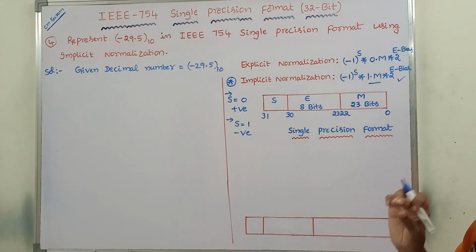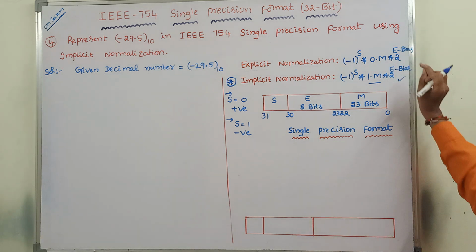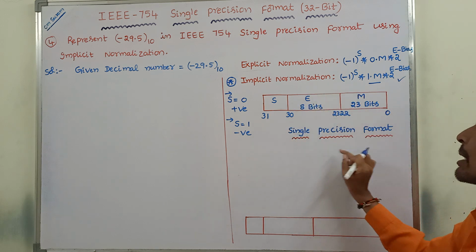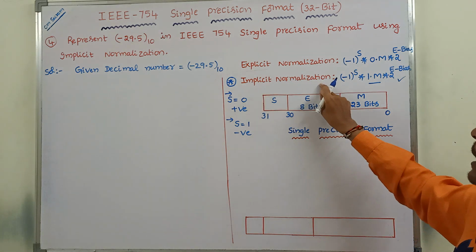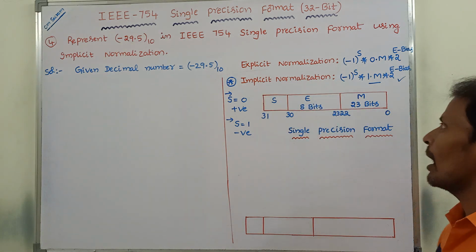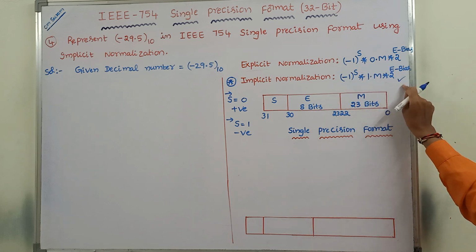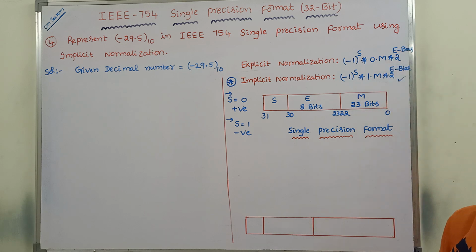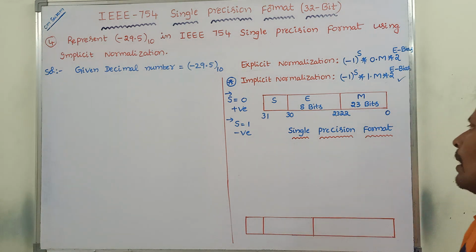Here S is the sign bit, M is the mantissa, E is the biased exponent. The bias value is 127 in the case of single precision format. Whereas in implicit normalization, the formula is (-1)^S into 1.M into 2^(E minus bias). In both normalizations, the bias value is equal to 127.